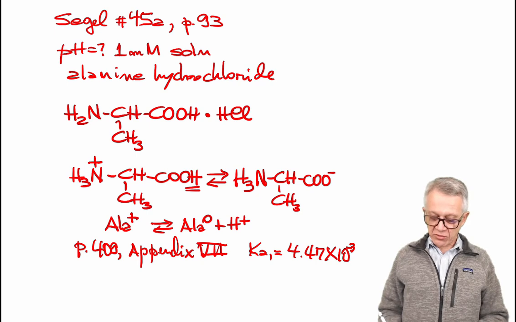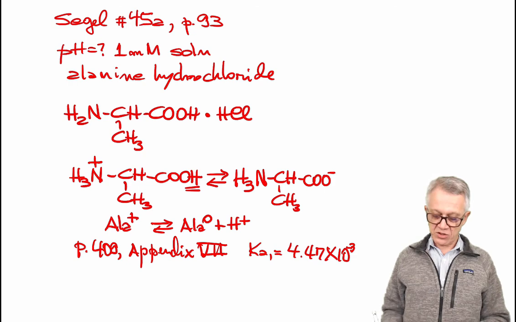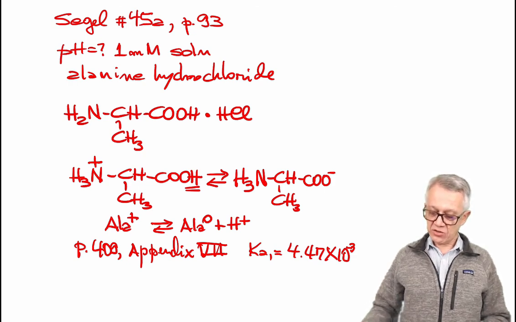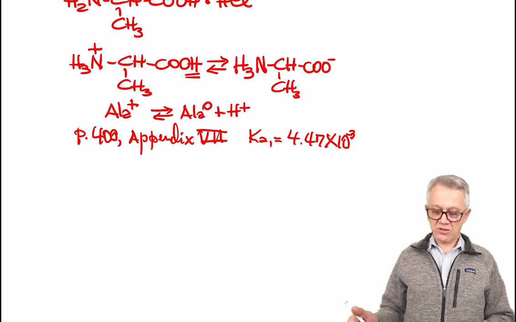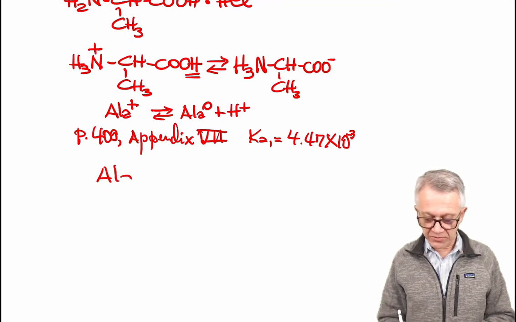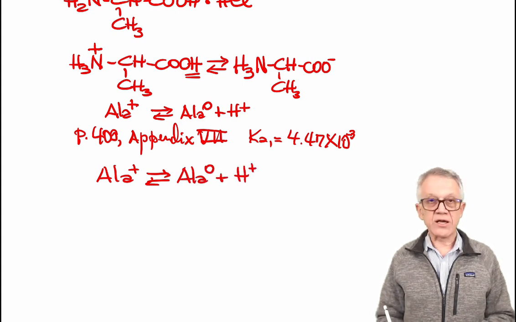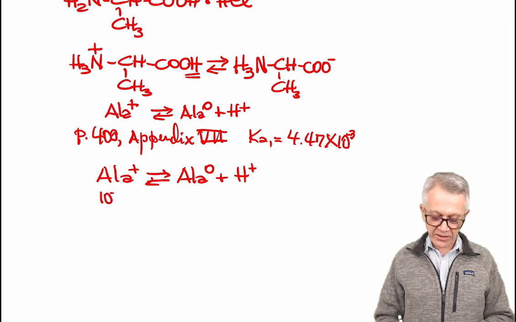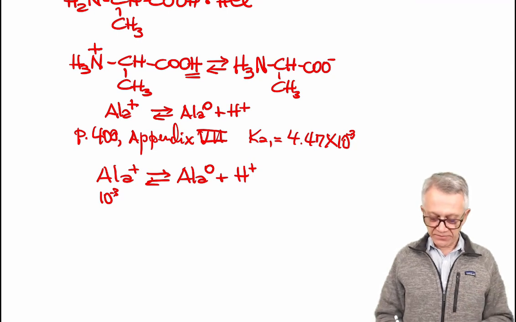So what we have to do now is to calculate the pH of the solution based on this Ka. Let's scroll up a little bit to get more space to work on this problem. We have an equilibrium between alanine plus and alanine 0 with the protons, and initially we had a concentration of 10 to minus 3, and part of it deprotonates, dissociates, and generates x and x.